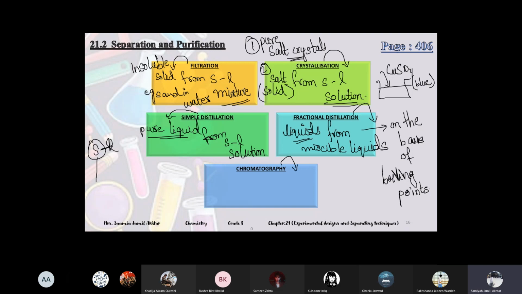Now chromatography is used to separate again liquids, but this time from immiscible liquids. Immiscible means which are not mixed with each other, like a mixture.